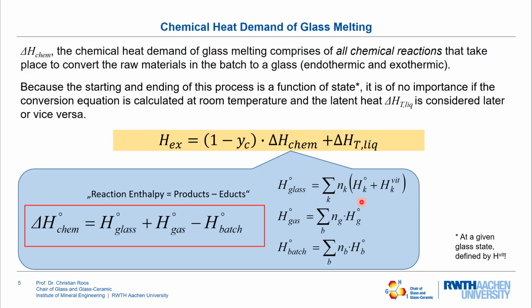However, here we have to observe that we take the formation enthalpy of the constitutional phase plus the respective vitrification enthalpy of that phase, and then again times the mole or mass fraction of the component. And by bringing these three parts together in this equation, we can easily calculate the chemical reaction enthalpy. So this is the first step for determining the exploited heat.